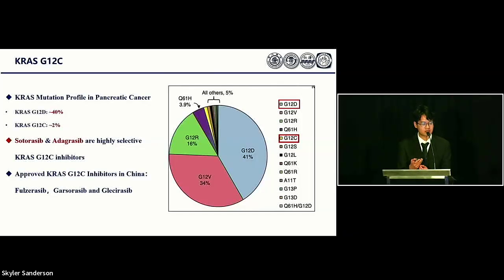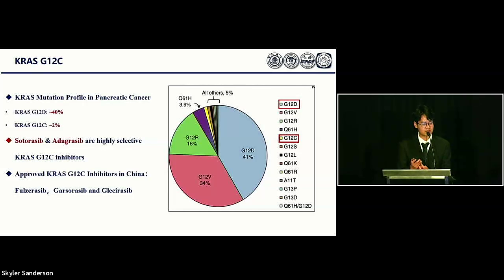And KRAS mutation has many subtypes. The KRAS G12D mutation accounts for about 40%, while KRAS G12C is about 2%. In previous studies, the KRAS G12C inhibitors sotorasib and adagrasib have achieved success.